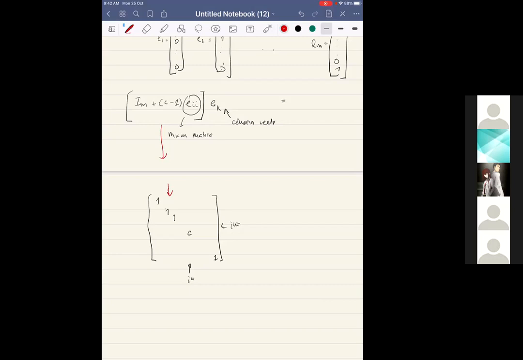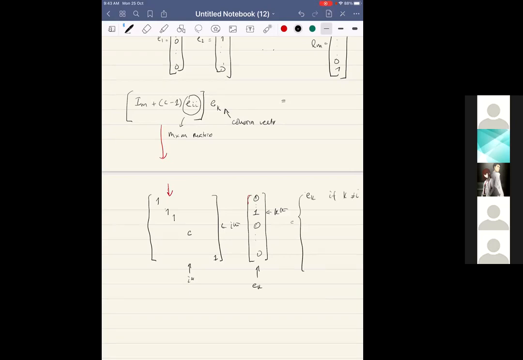Okay, so now if I take my basis column vector E_k, which is 0, 0, 0, and at the kth spot I get 1, and 0, 0, 0. What will I get? Supposing k is not equal to i, what will happen? Well, I will just get back E_k.